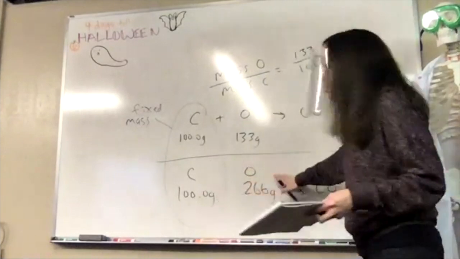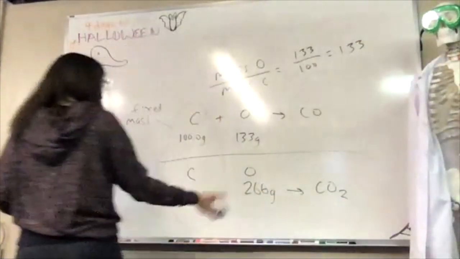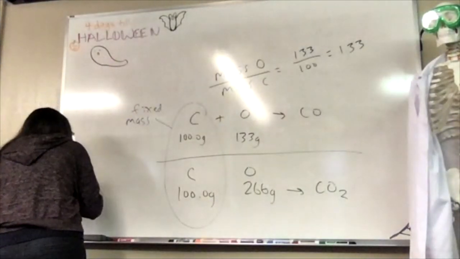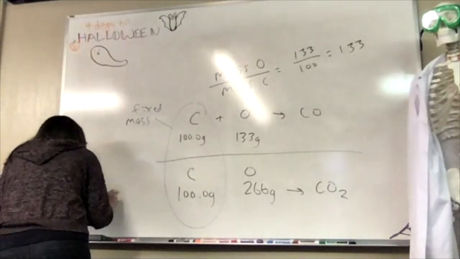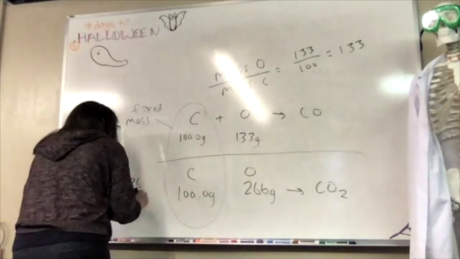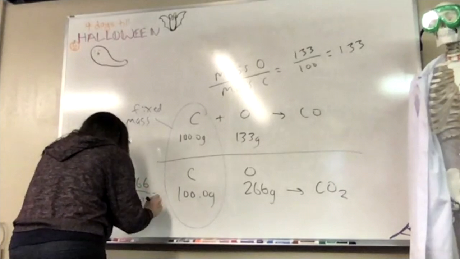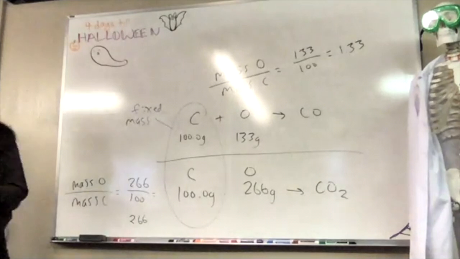The same thing down here. He took the mass of oxygen over the mass of carbon. In this case, it's 266 divided by 100. That equals 2.66.